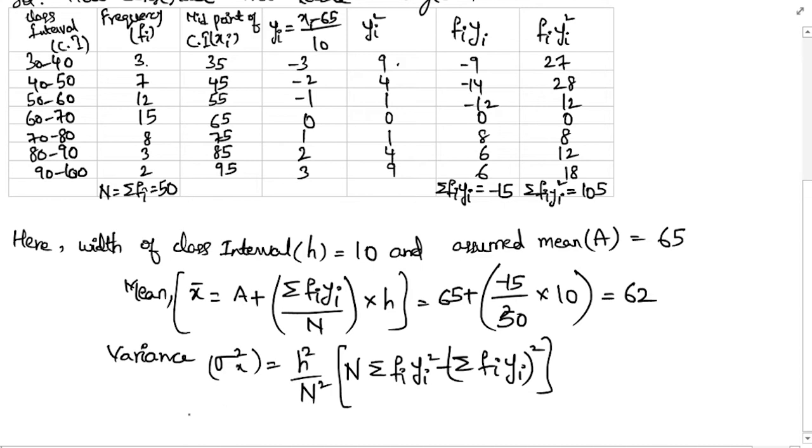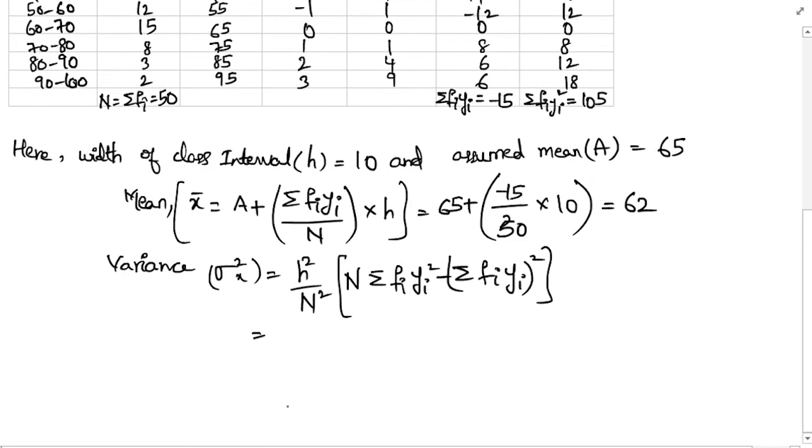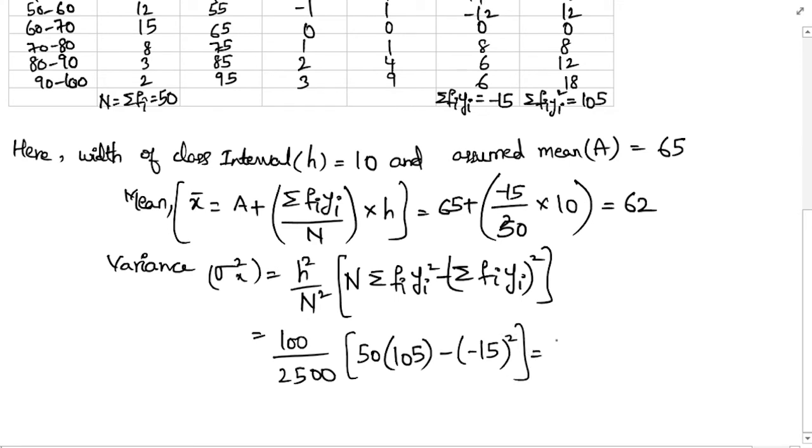So that is 100 divided by 2500, that is n square, into 50 into 105, which we calculated in the above table, minus minus 15 whole square. That is equal to 1 by 25 into 5250 minus 225, which gives us 201.